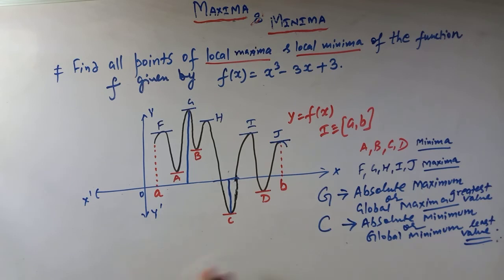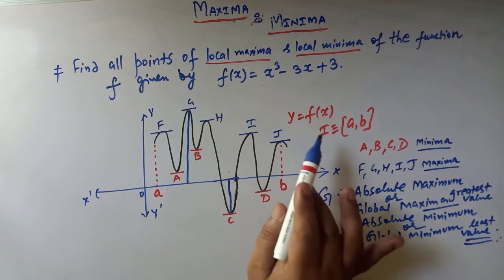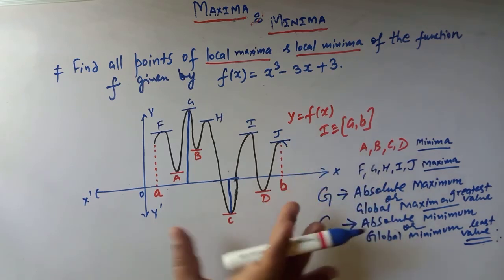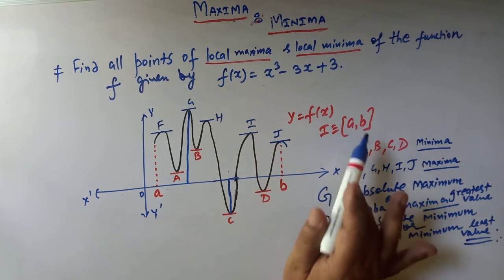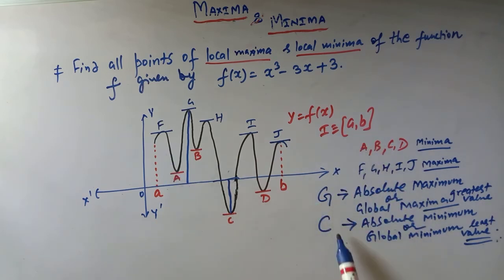So if this function y equal to f of x is defined in the interval a comma b, then G and C are called respectively absolute maximum and absolute minimum. Now what about the other points?